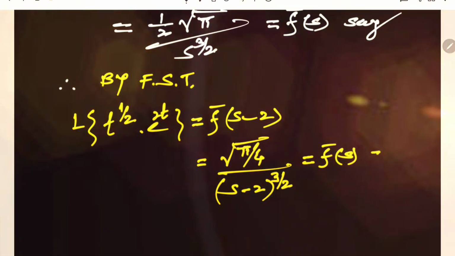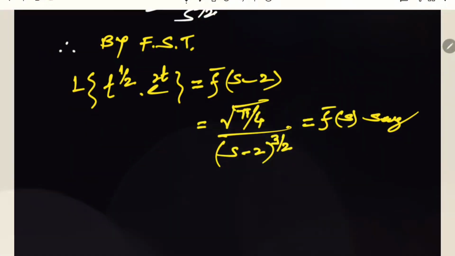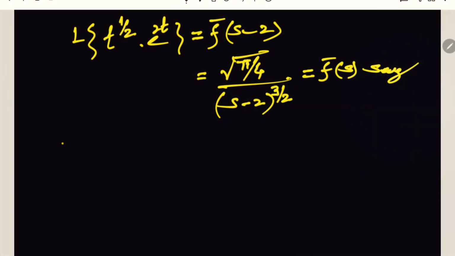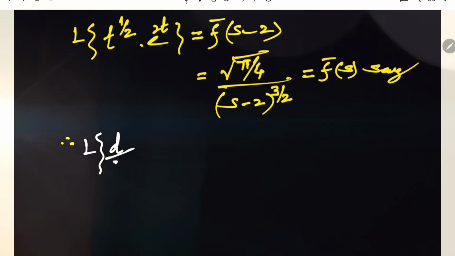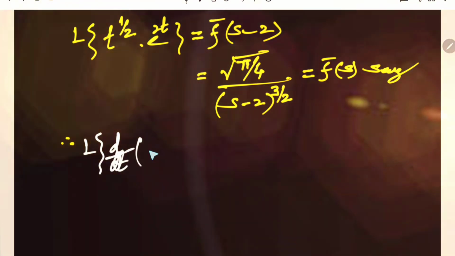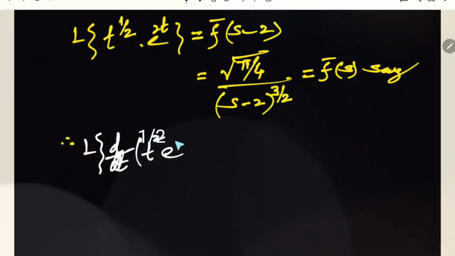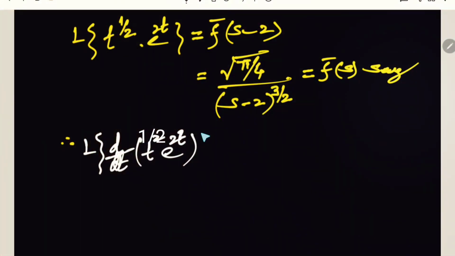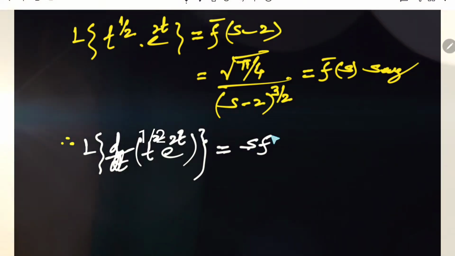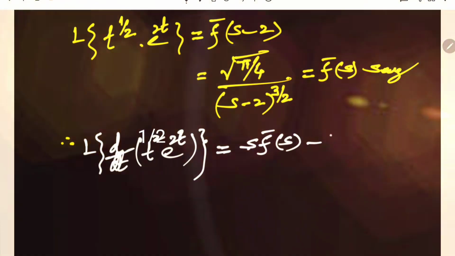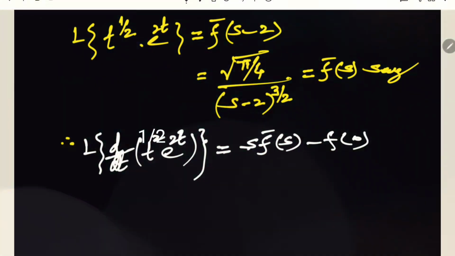and we call this as a new f bar of s, say. And then the last step, Laplace transform of d by dt of this function, that is t raised to half into e raised to 2t, as first order derivative there, it is s f bar of s minus f of 0.